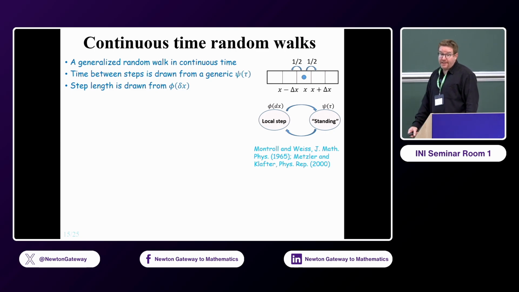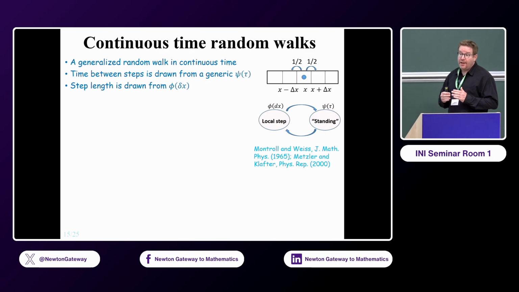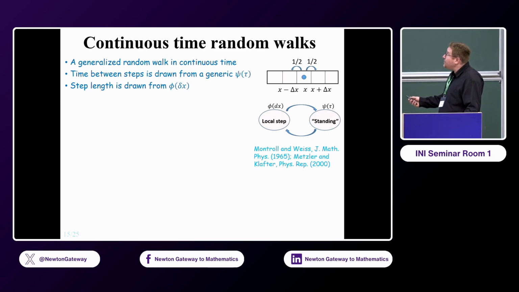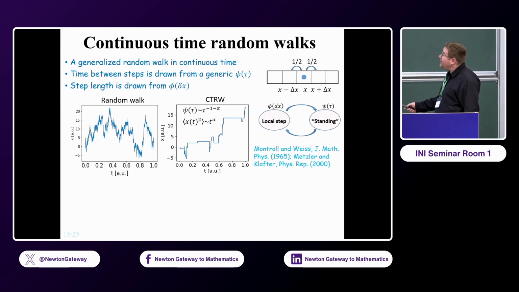But you can generalize this notion and have continuous time random walks where the waiting time distribution between steps is not drawn from an exponential distribution, but rather from a different distribution. What is interesting to us in this aspect is distributions with a very wide tail, so distributions that have a diverging mean.